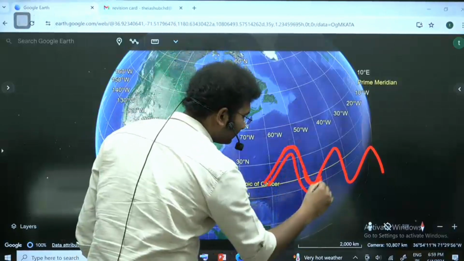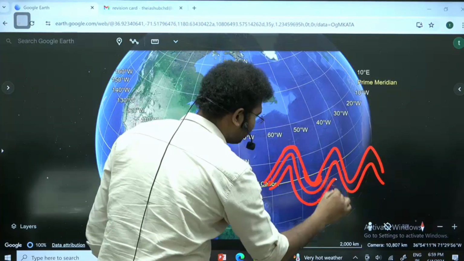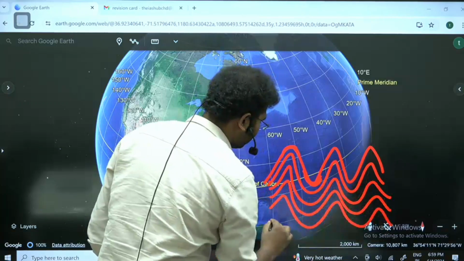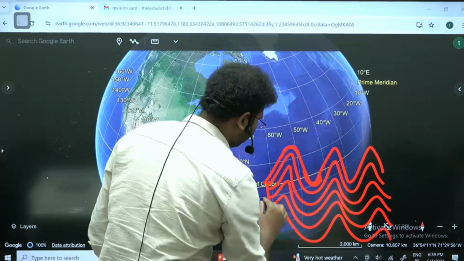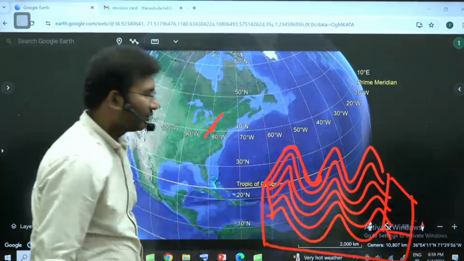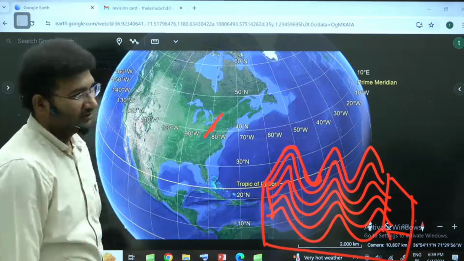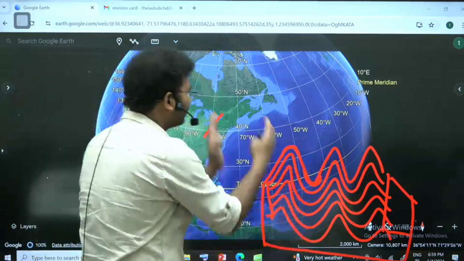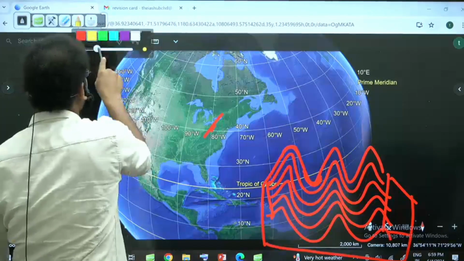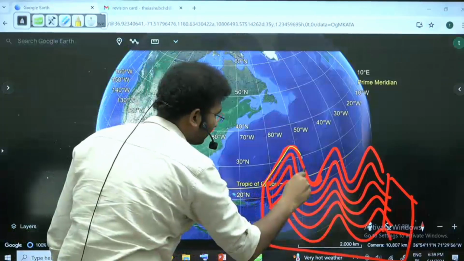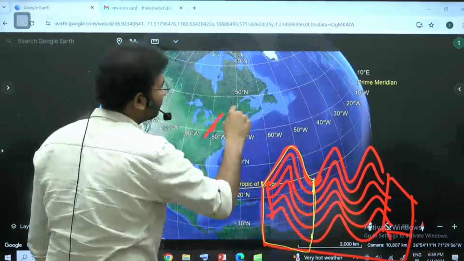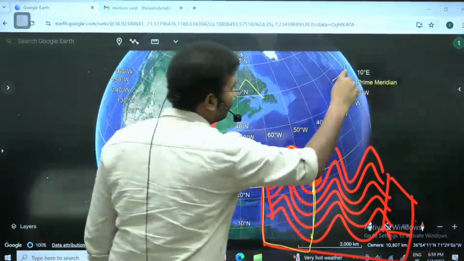If I am drawing this, this is how a mountain looks like, right? So what he found out is half of these mountains are here and half of the mountain is here. That means this half from the syncline, this half of the mountains are present here and the other half of the mountains are present here.